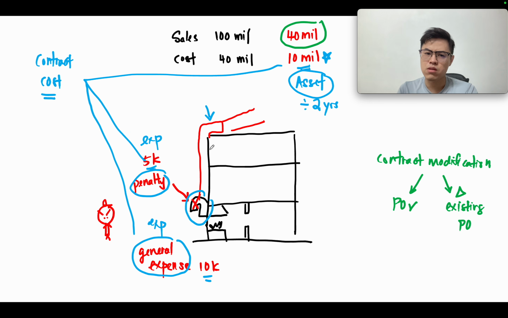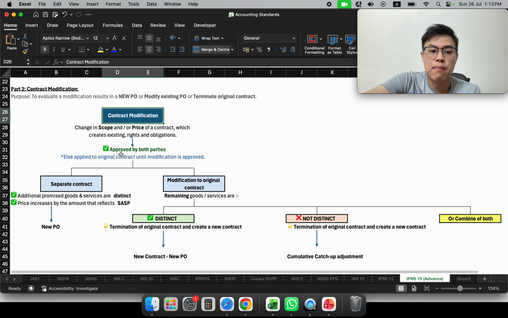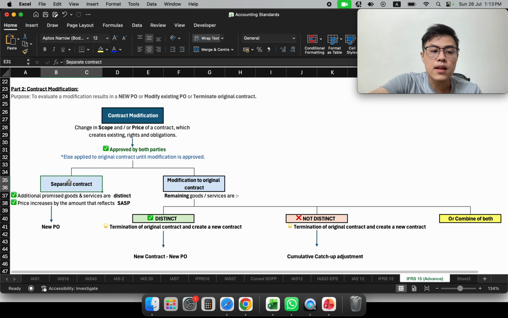And we will need to judge whether this scope change is an amendment to an existing promise or creates a new promise. Now, these modifications must be approved by both parties, okay? Otherwise, it still applies to the original contract. And we should judge whether the contract separately creates a PO or not.